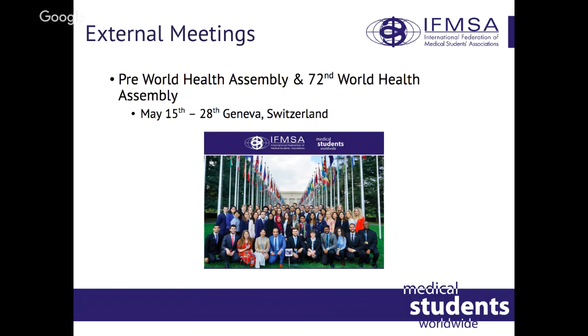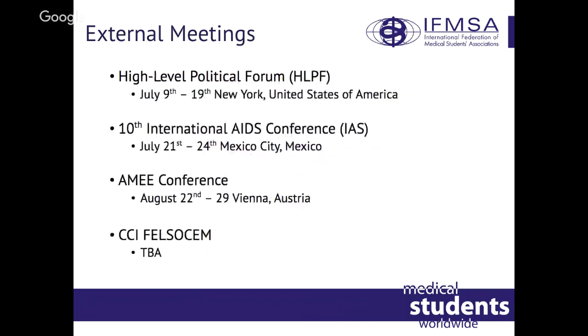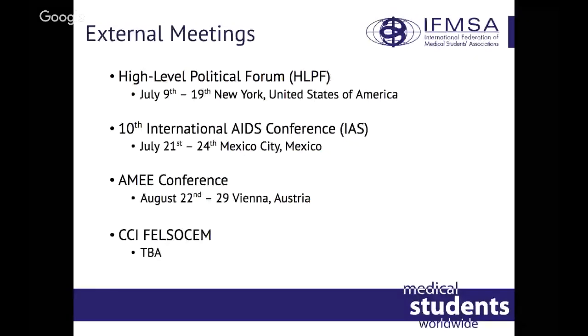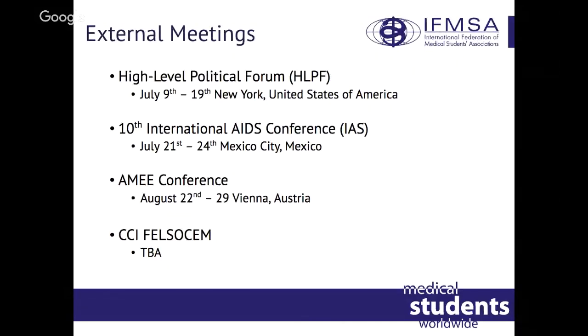Other external meetings that are going to happen that are important to the region are the high-level political forum that happens each year in July in New York, in the United Nations headquarters. It's a forum where we talk about SDGs. Then we have the 10th International AIDS Conference that is going to happen here in my city from July 21st to July 22nd.